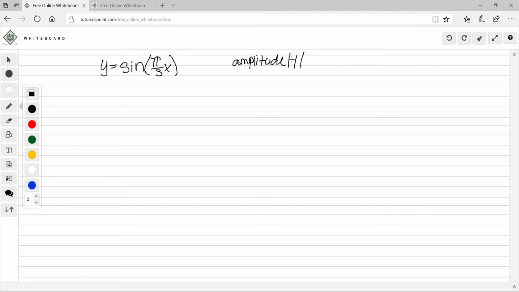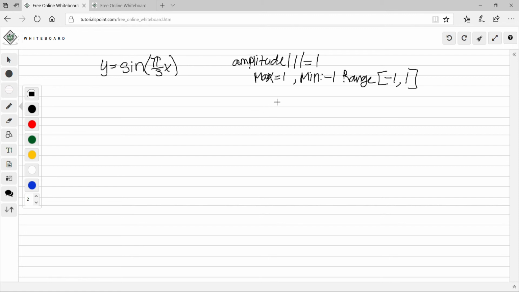Because there's a 1 right here. So our max is 1, and our min is negative 1. So our range is from negative 1 to positive 1.